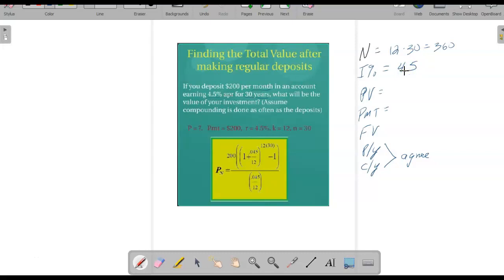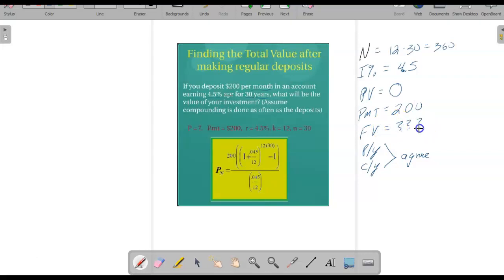You don't change that to the decimal version. The present value of your investment is what you start out with, and when you're investing at the beginning, you don't have any money, and then you're going to make $200 deposits every month, and the future value, that is what we do not know.